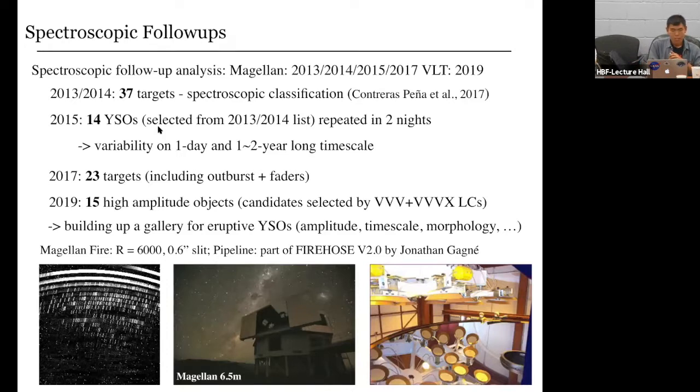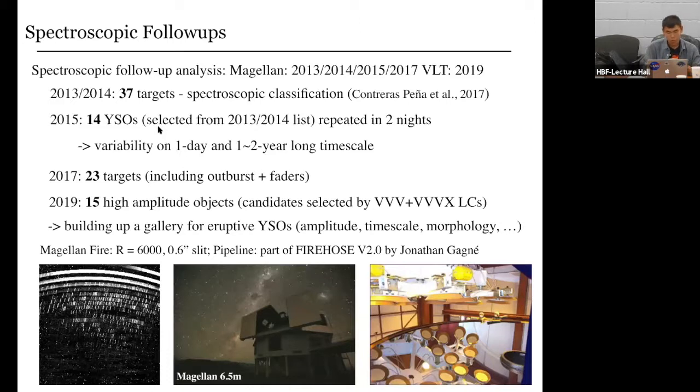In 2017, we enlarged our sample, including more outburst targets and faders. We try to see what the difference is in those spectra. And in 2019, we just finished this observation: we applied VLT X-shooter observations for 15 high amplitude objects discovered in VVV light curves.